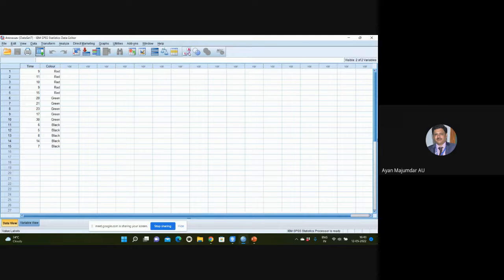Next, we will run the test. We will test the hypothesis. What will be the null hypothesis here? That there is no significant difference in the runtime based on the color of the door.